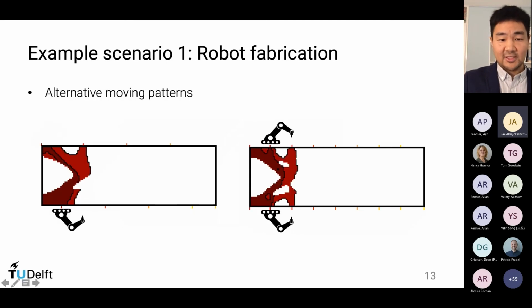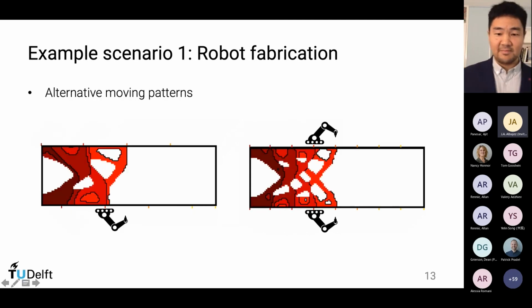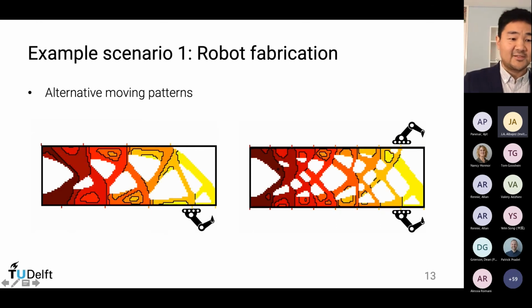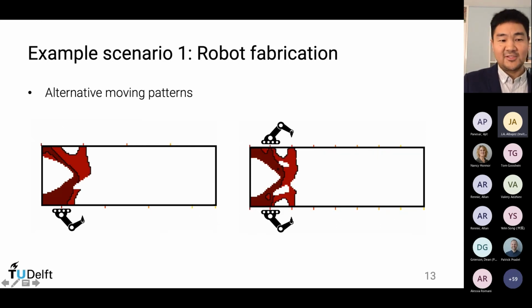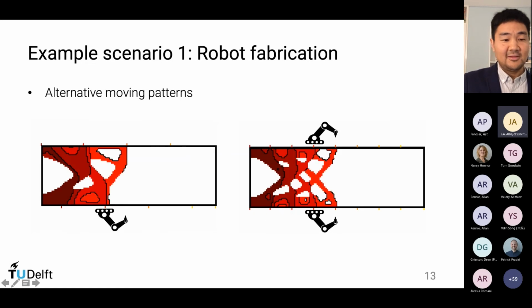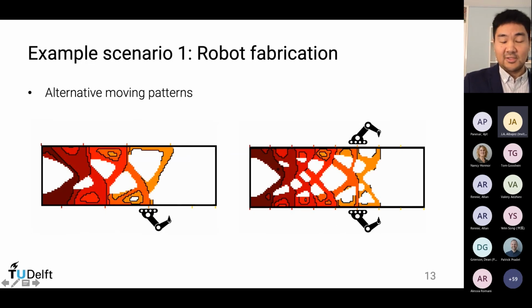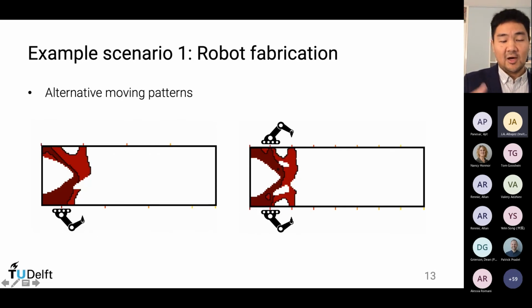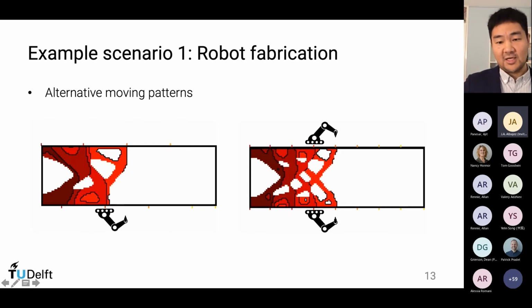Of course, with this computational scheme, you can play with different patterns of robot movement. On the left side, we could assume the robot could jump around, and the different colors indicate different layers, corresponding to how the structure will grow over time.